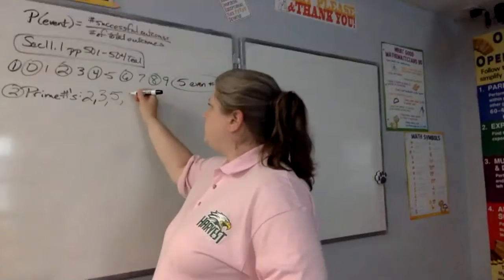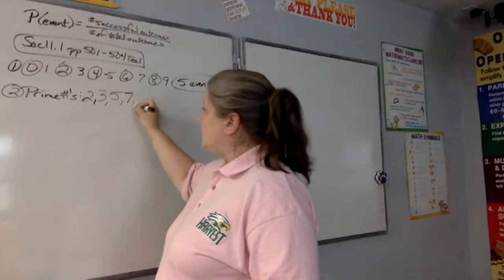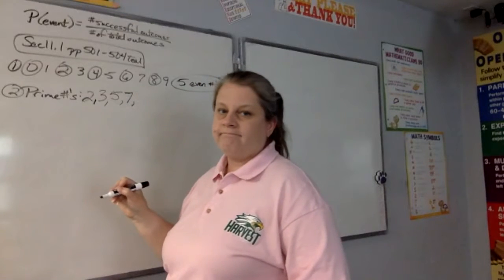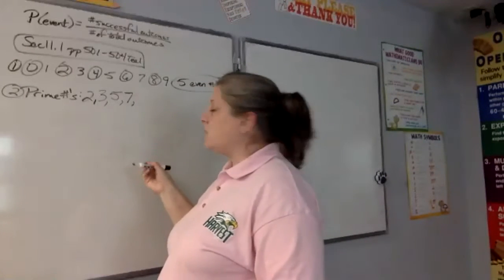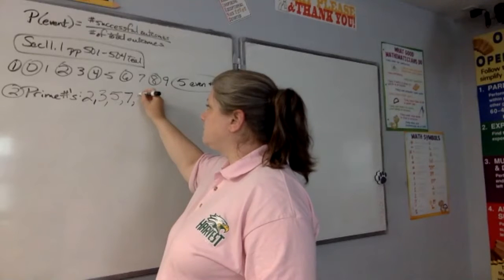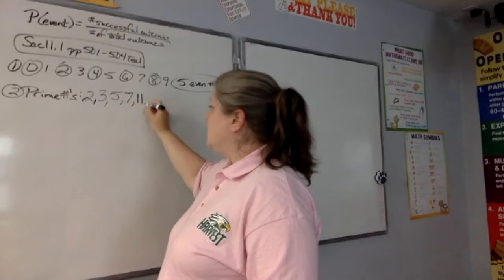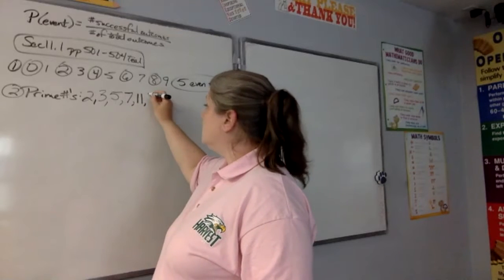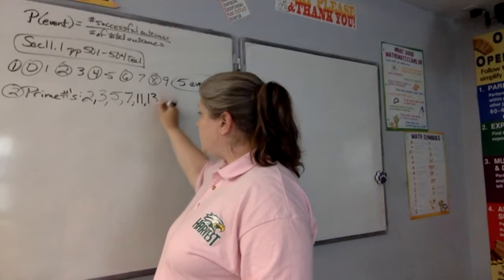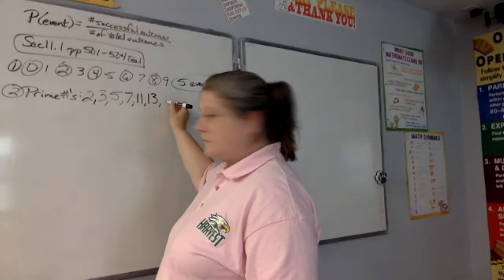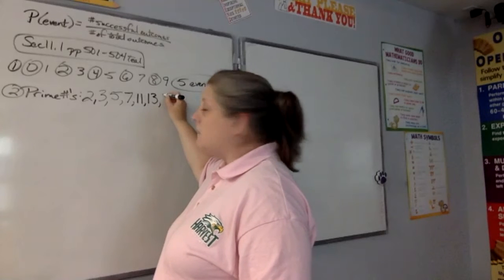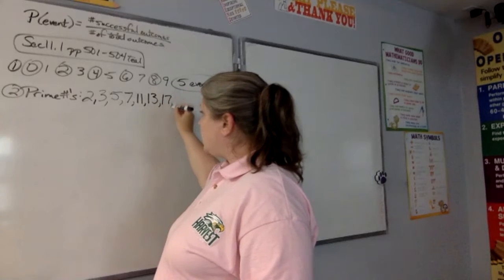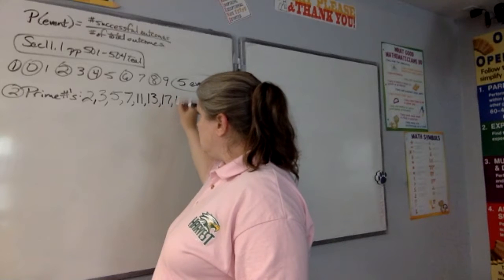Is 7 prime? Yes. 9? No, because 3 goes into it. 11? Yes. 13? Yes. 15? No, because 3 and 5 go into it. 17? Yes. 19? Yes.